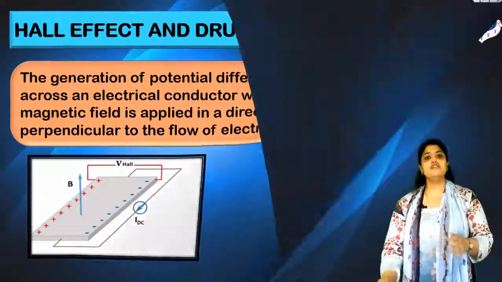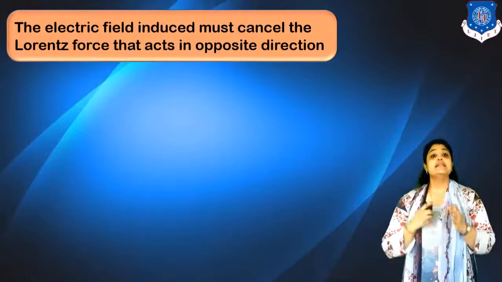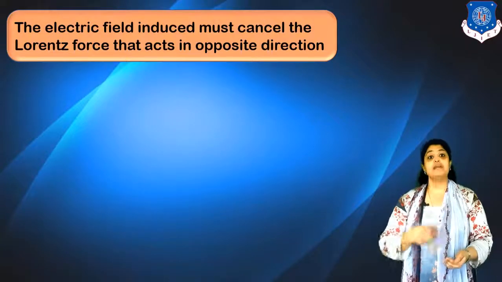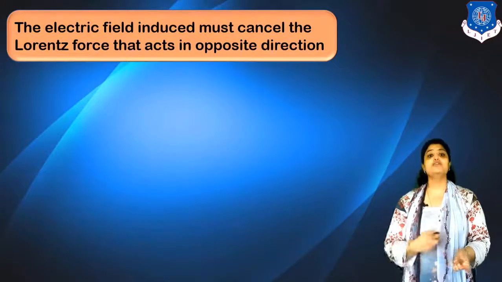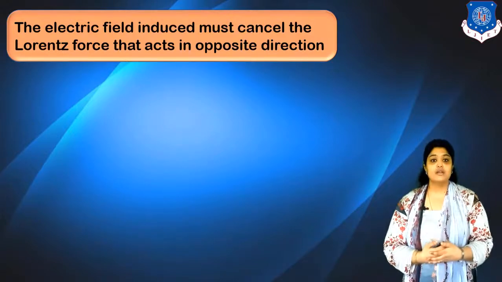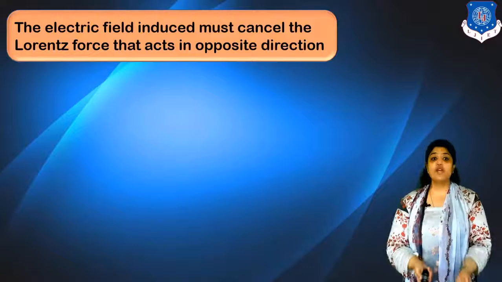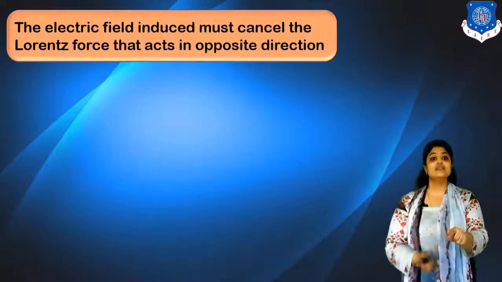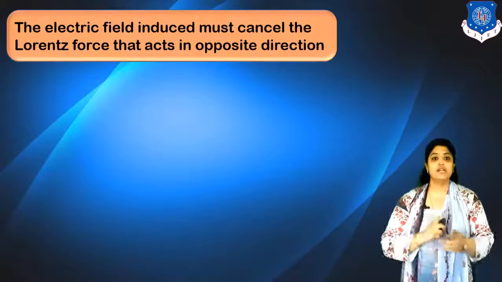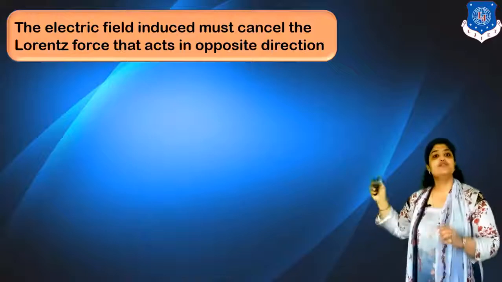Let's see how Hall effect is explained by Drude model. The electric field induced must cancel the Lorentz force which acts in opposite direction. Why is this? There will be a Lorentz force because there was already a flow of electrons and a magnetic field was applied perpendicular to it, and that is the reason Lorentz force acts.